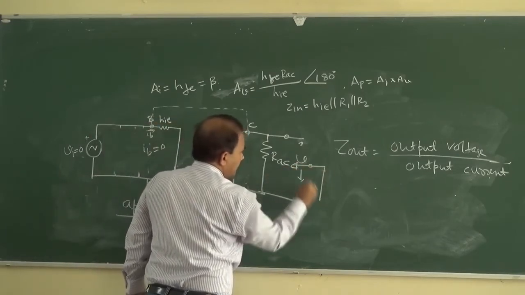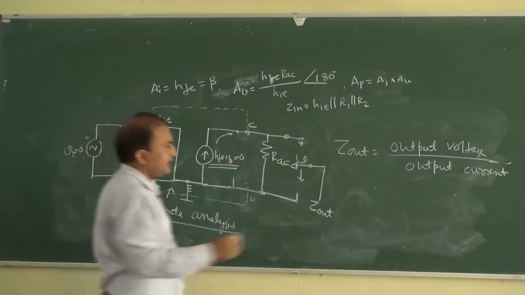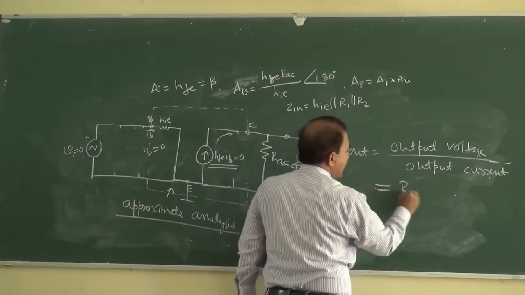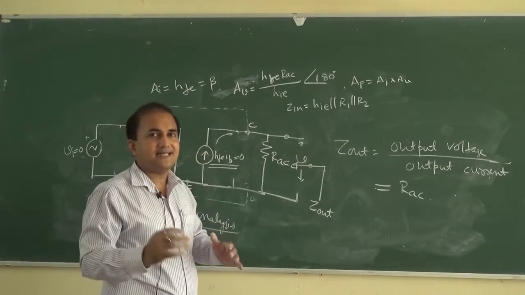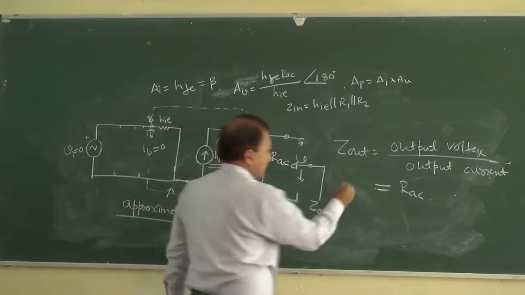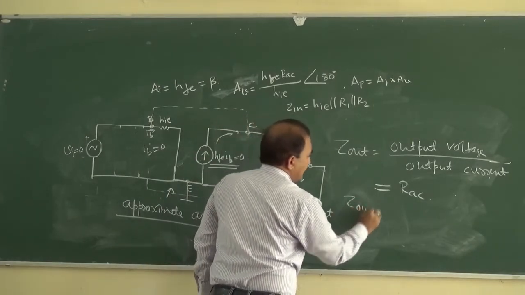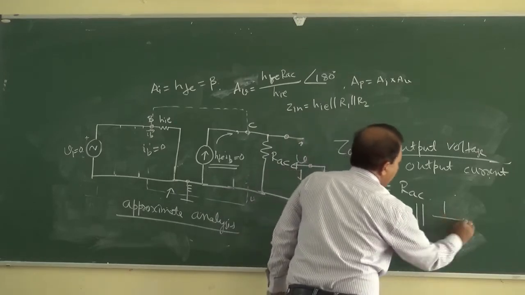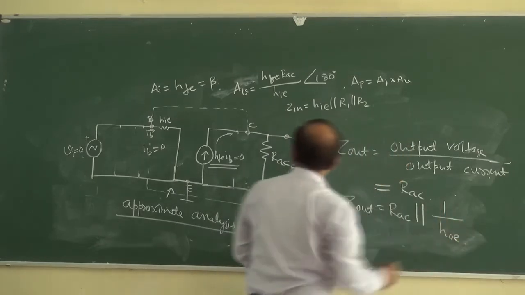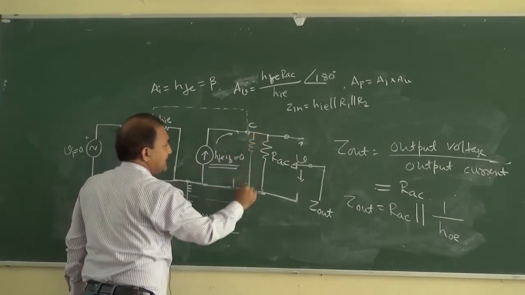Then this is Zout. Zout is equal to RAC. This is by using approximate analysis, but in the true case, Zout is equal to RAC in parallel with 1 by HOE, because we have approximated it.